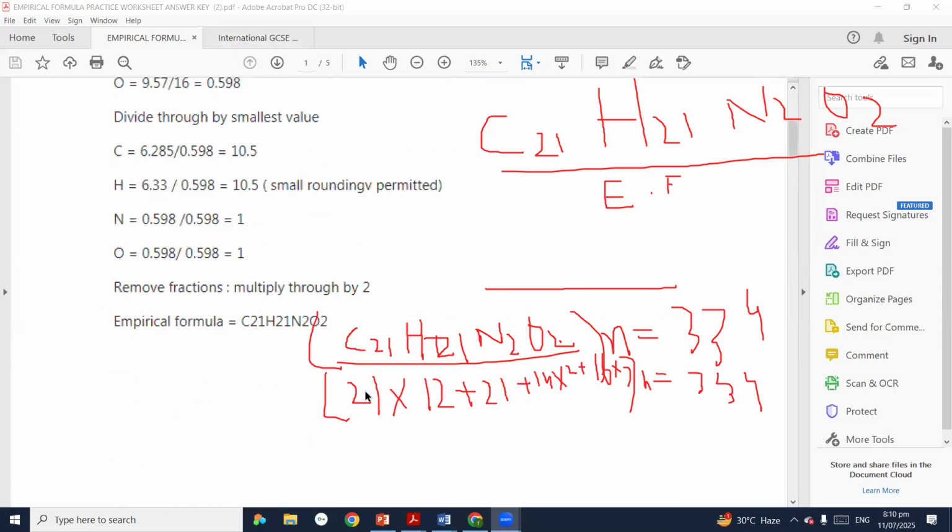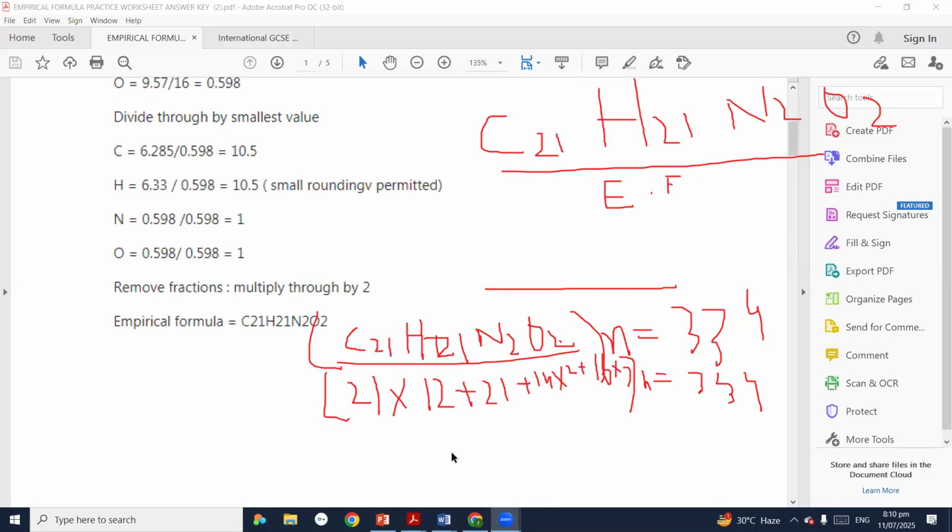They have not calculated yet. Okay, let me calculate. Where is the calculator? Just a minute. I have to calculate it. 21 multiplied by 12, that is 252, plus 21, plus 28, plus 32.